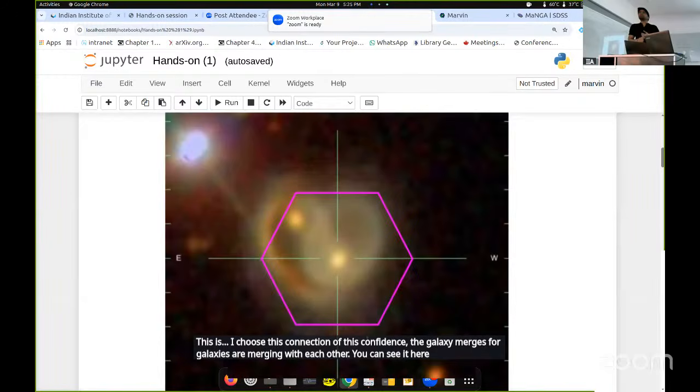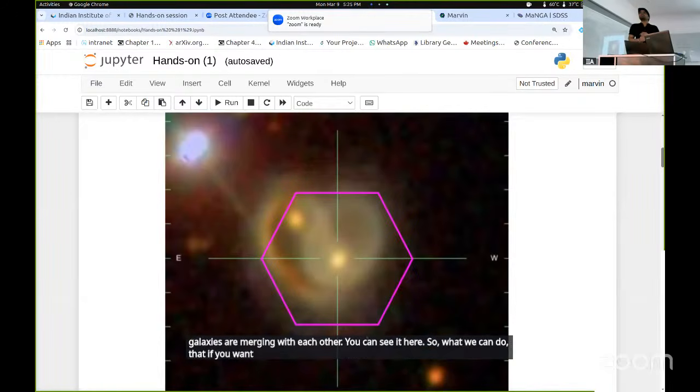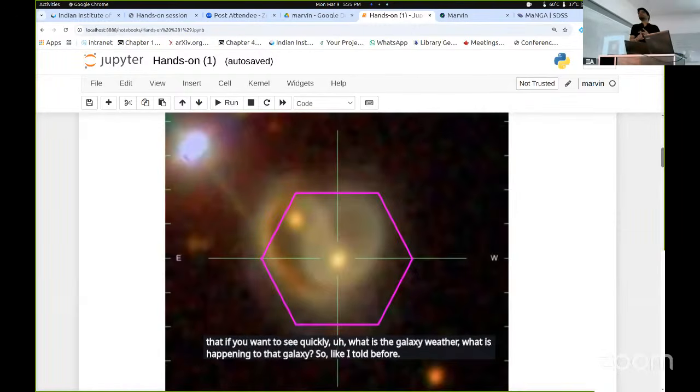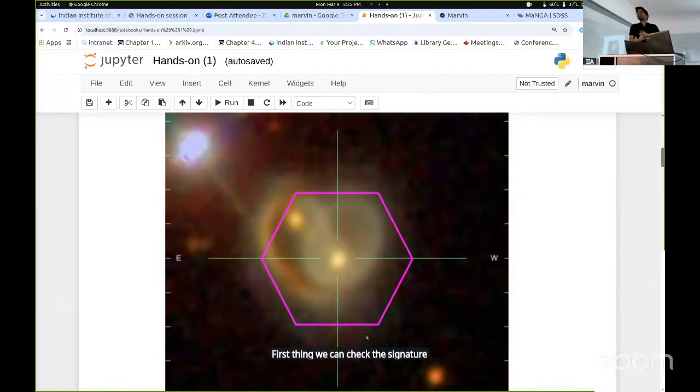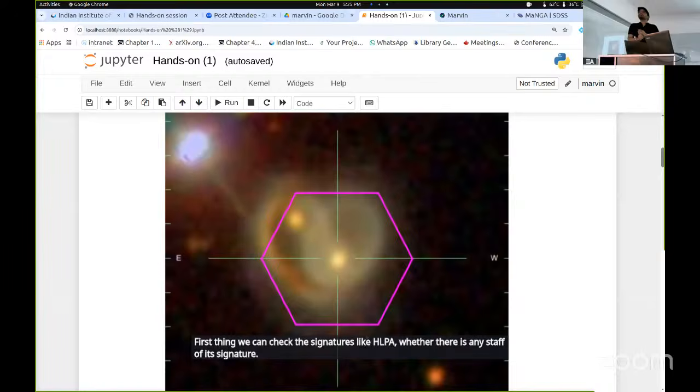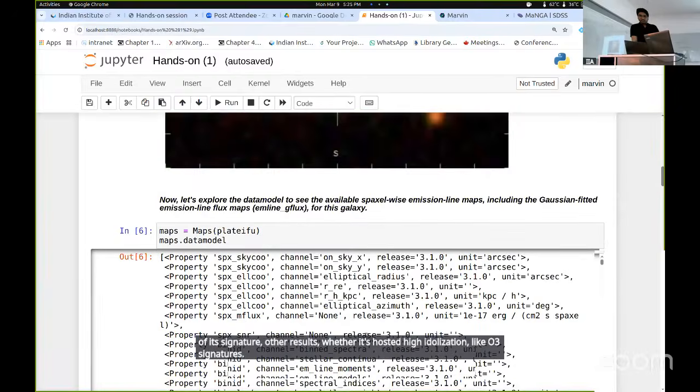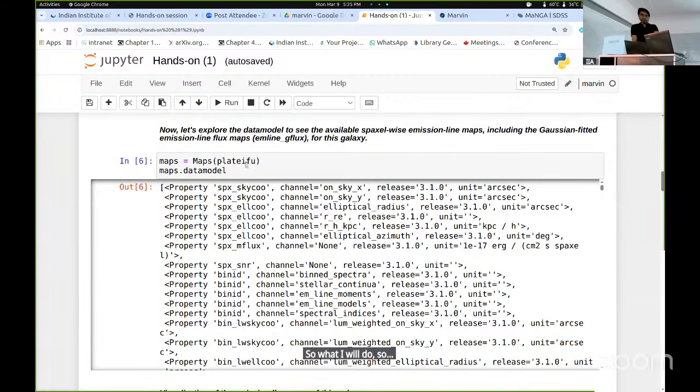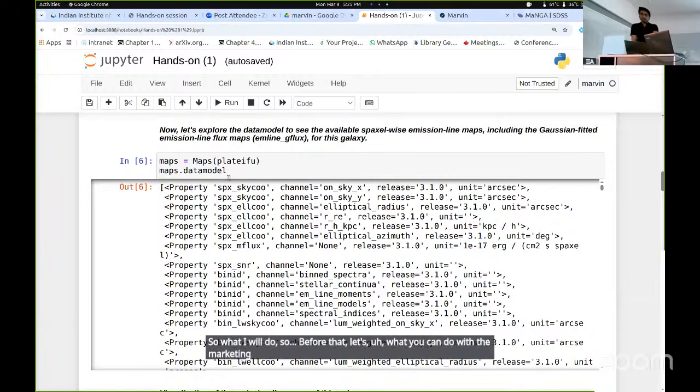So what we can do, if you want to quickly see what is happening to that galaxy, like I told before, first we can check signatures like H alpha, whether there is any star forming signature. Other is whether it hosts high ionization, like O3 signatures. Before that, let's see what you can do with Marvin.